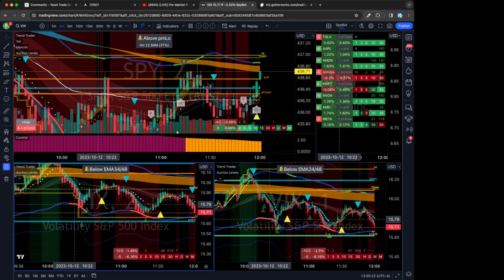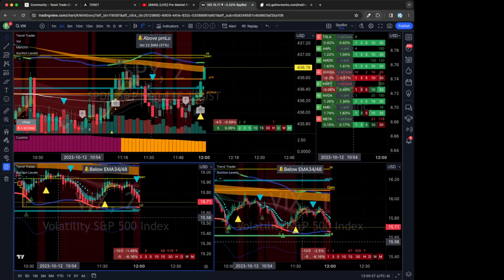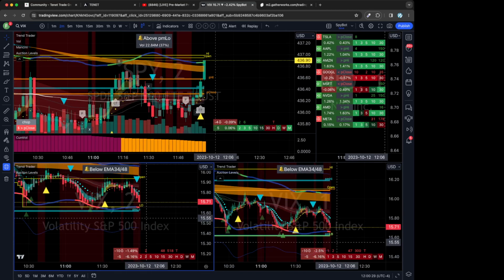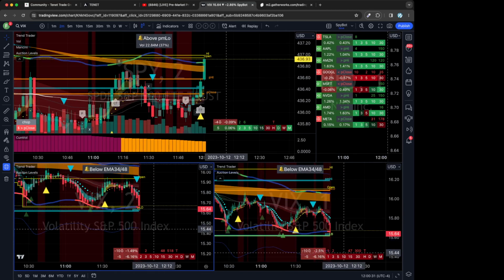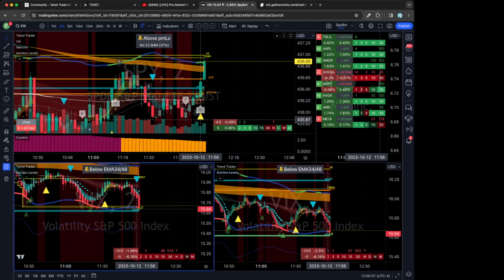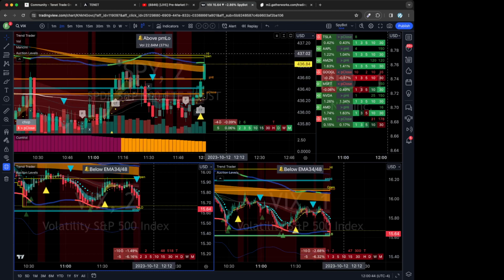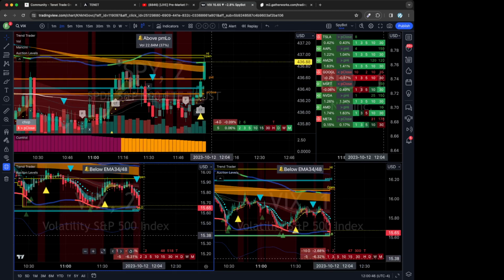Like here we did, and this looked good, but then it couldn't hold it. So if VIX can get below the lower bands and hold there, then absolutely, you're looking at a good move for calls. So right now, we got the yellow triangle. You could get in and make some money, but it's risky because everything's not aligned.